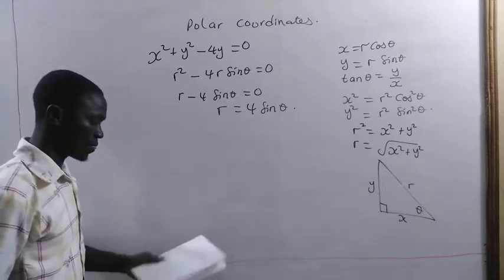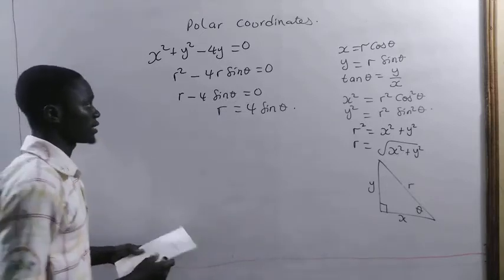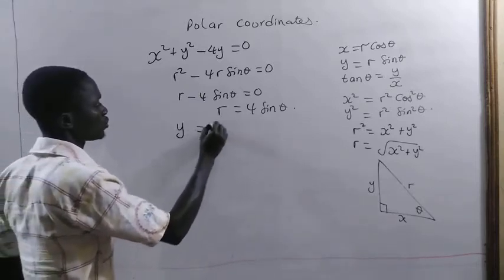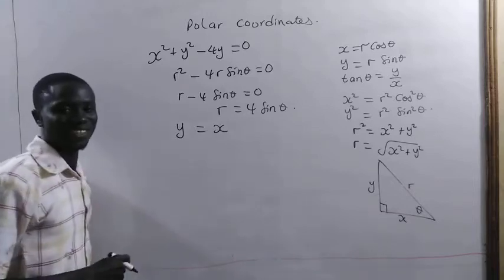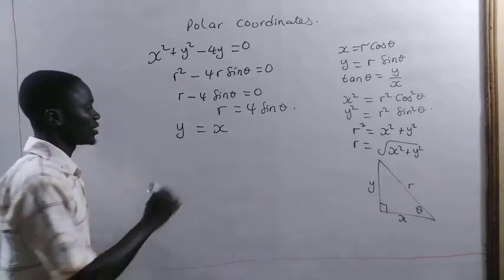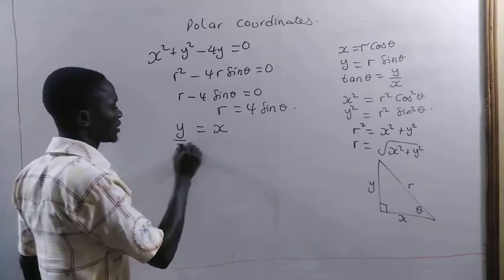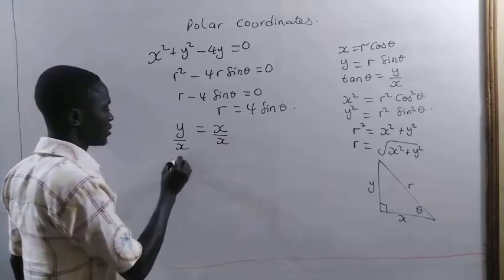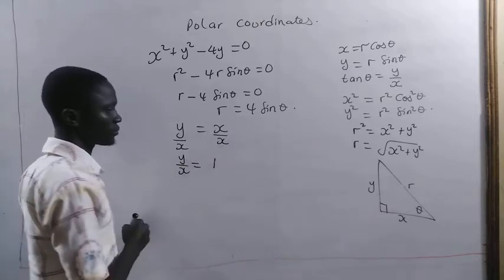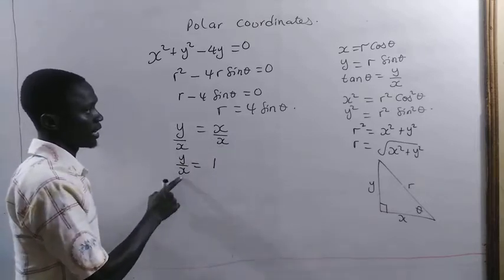Let's move on to the next question. What is the polar equation for y equal to x? This one is very simple and tricky. Here, if we divide by x, we have y divided by x equal to 1. And what is y divided by x?